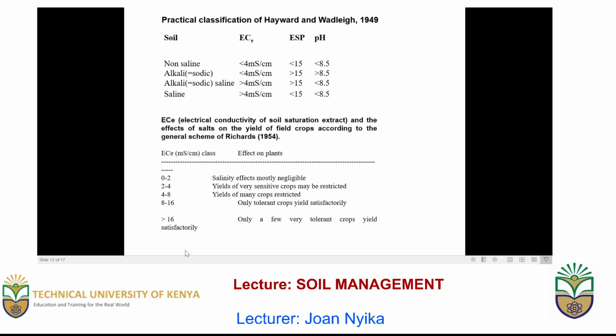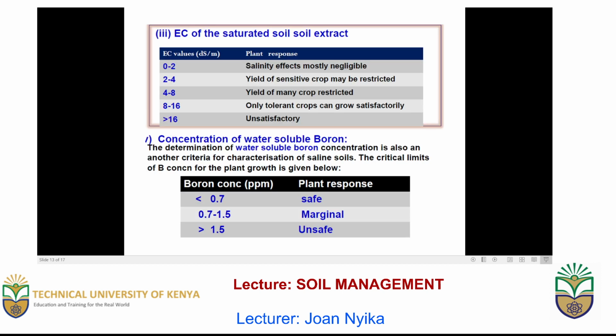However, on the other extreme, if they are more than 16, only a few of the crops can tolerate that high level of salinity. When you look at another study, the EC of saturated soil extracts, you will see these EC levels and the response the plants have to them.